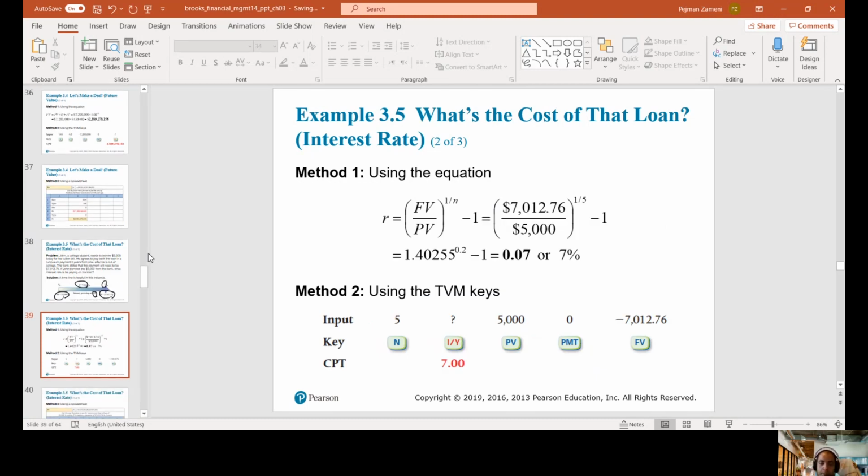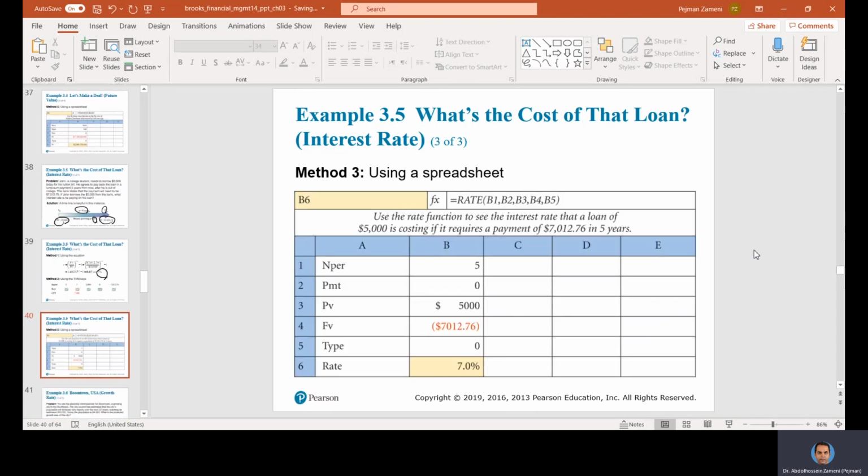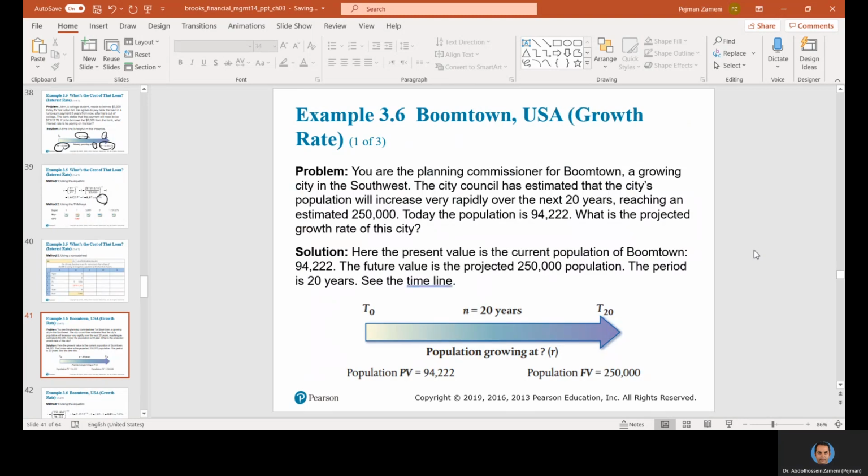We just plug it into the formula, and we get the number which shows that the bank is charging him a 7% interest rate. And this is the way of doing it via Excel. That's an example you can refer to.